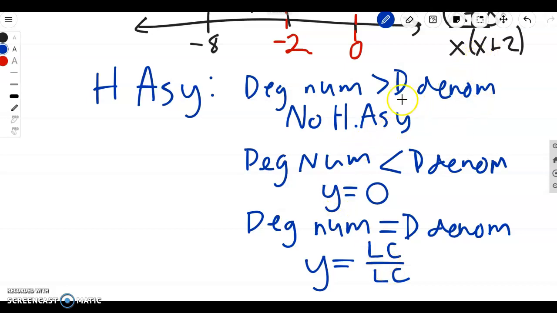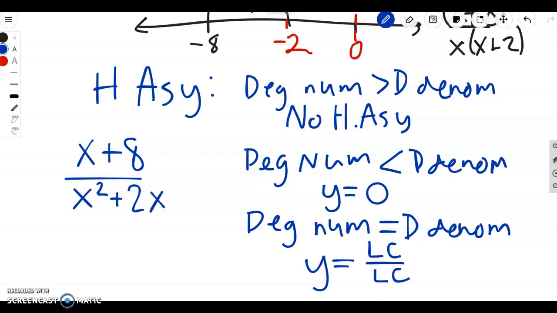So in our particular case, because we have x plus 8 over x squared plus 2x, the degree of the numerator here is 1. The degree of the denominator, the highest exponent, is a 2. So since the degree of the numerator is less than the degree of the denominator, the horizontal asymptote is going to be y equals 0.